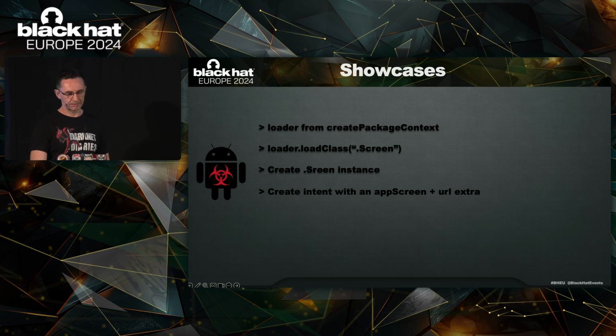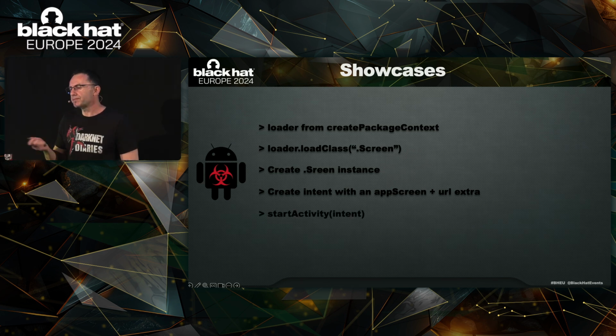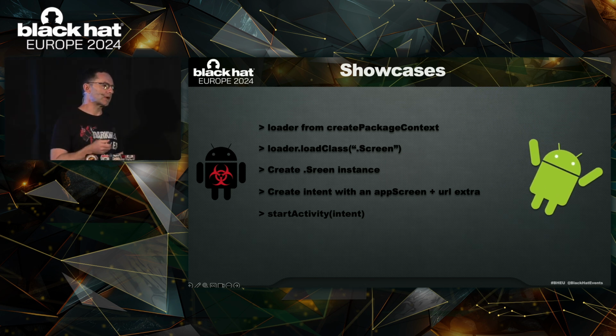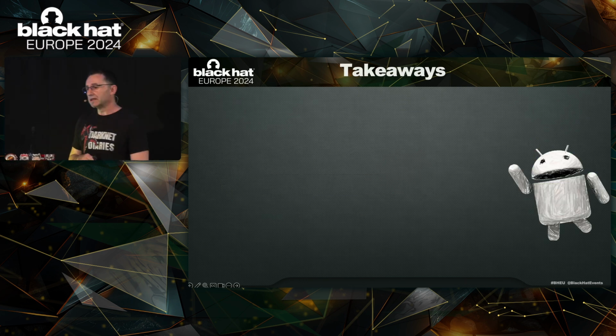That's here. And finally, use startActivity in order to send the intent to the vulnerable app. So we have, once again, an account hijacking in this specific case. All right, so I guess this summarizes what I just showed.